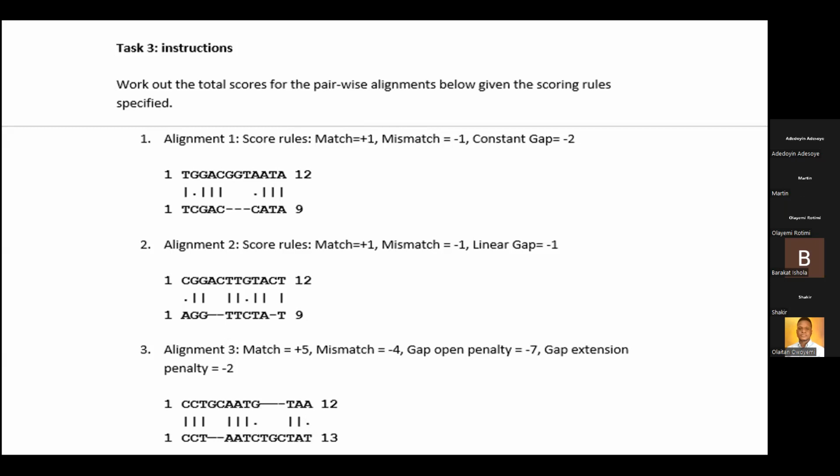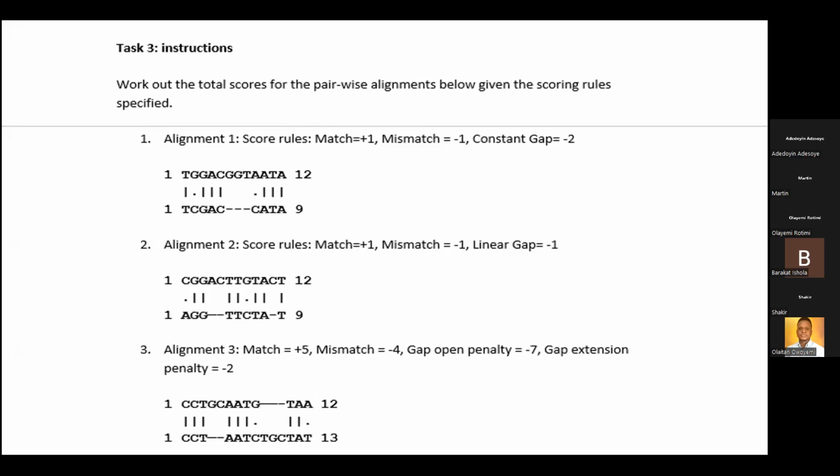Remember, in the formula, they did not say you should multiply the extension penalty by the number of gaps. We're just supposed to write the extension penalty. So that's 0 plus minus 2, which is 0 minus 2. Opening the bracket, the length of gaps that we have: 1, 2, 3, 4, 5.